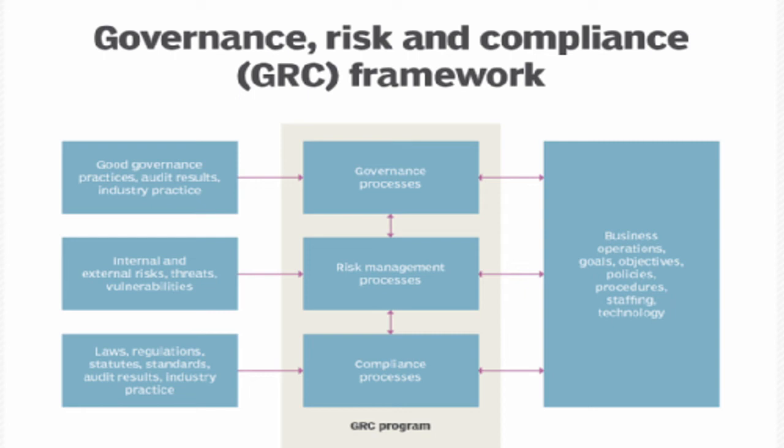In risk management, we are handling internal and external risk, threats and vulnerabilities. And in compliance, we are handling legal issues like laws, regulations, statutes, standards, audit standards, industry practices, whatever. And the output will be the business operations goals, objectives, policies, procedures, staffing, and technology in a proper way, so that the company can grow for a better future.